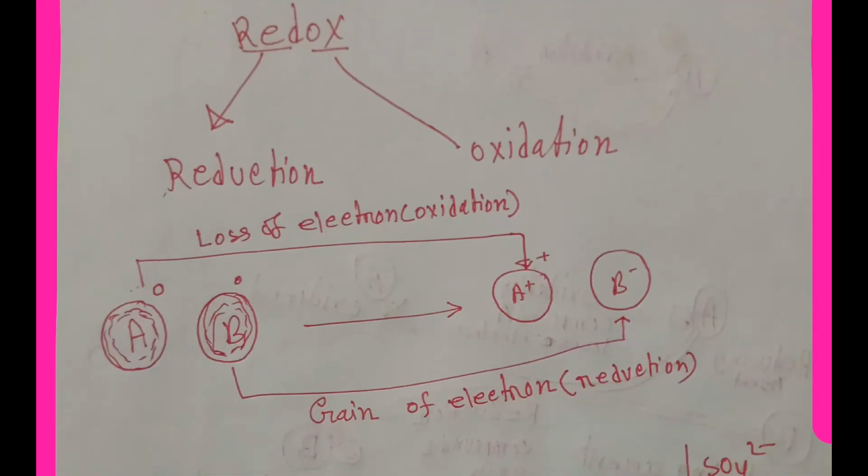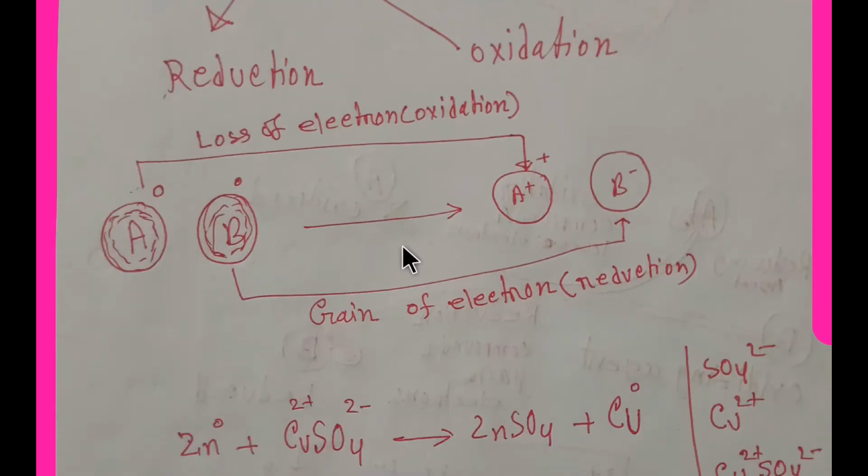Well, I'm going to explain it again. Redox: red means reduction and ox means oxidation. Please remember it. A and B are two reactants, right? The oxidation state of A is 0 and the oxidation state of B is 0.